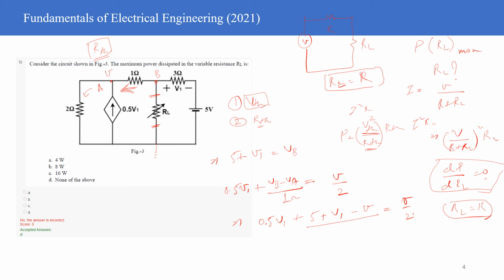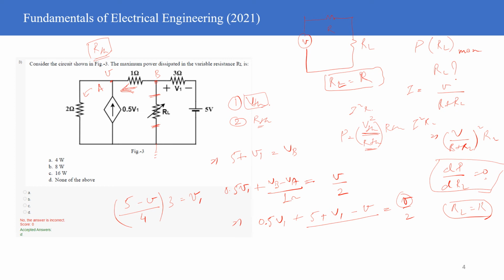Now, we have to determine the voltage V, and I need one more equation. So I can write 5 minus voltage V divided by 4 is the current, and then that multiplied by 3 ohm is the voltage V1.